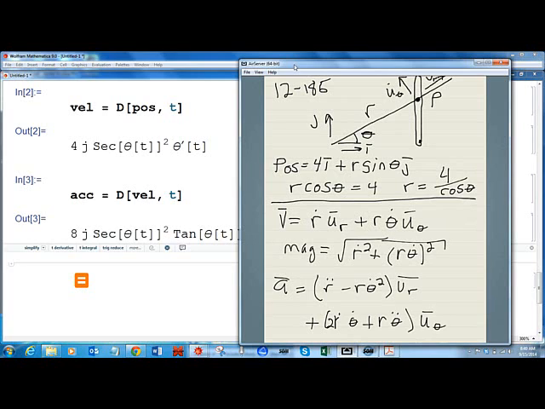Right? And now you plug and chug. How are you going to find the r double dot? Take two derivatives of that. You know the r, because you know theta. You know theta dot. You know the r dot. You took it before. You know the theta dot. You know the r. What's the theta double dot?